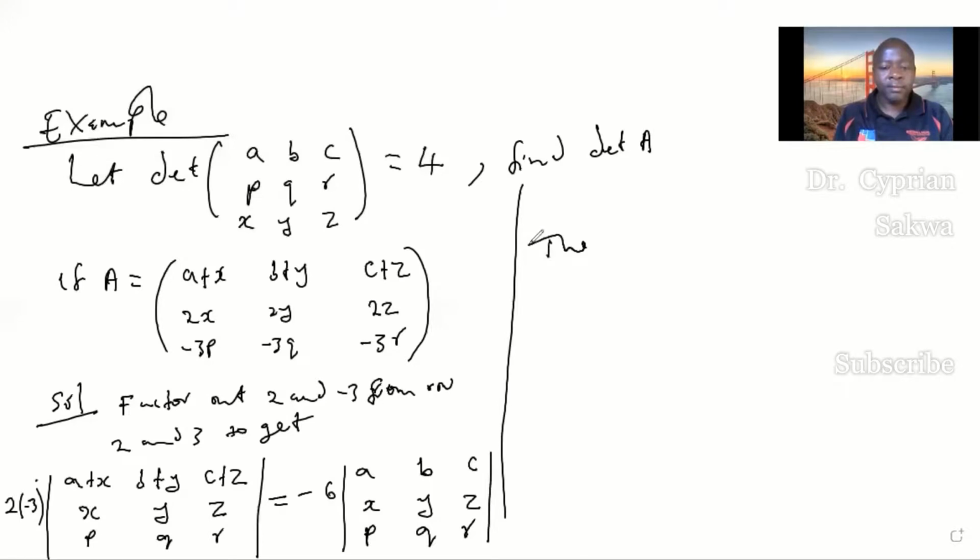Then I'm looking at this, then looking at what I have, I notice that I need to interchange row 2 and row 3.